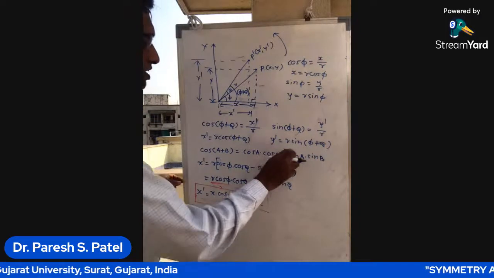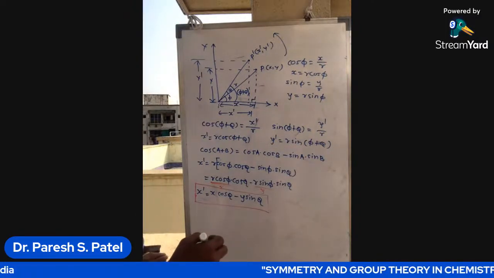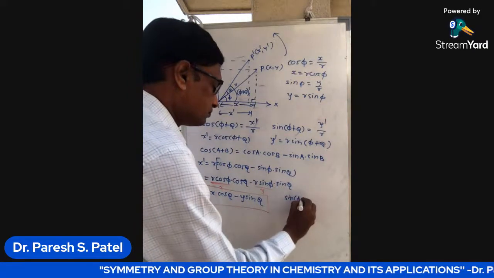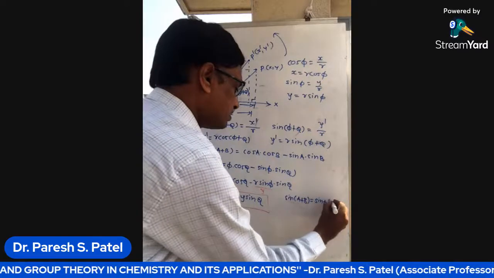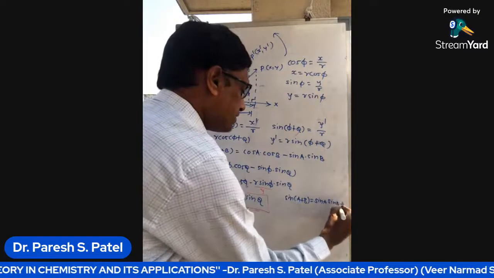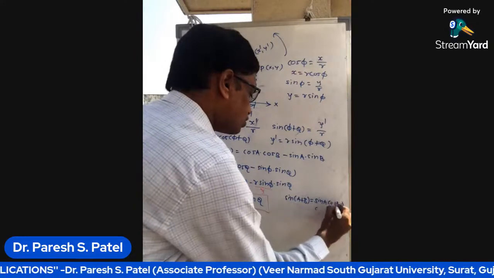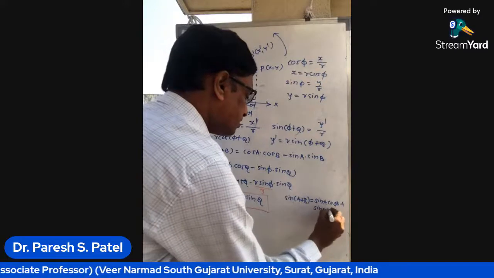Similarly, if we go for sin(phi plus theta), we know that sin(a plus b) is equal to sin a cos b plus sin b cos a.